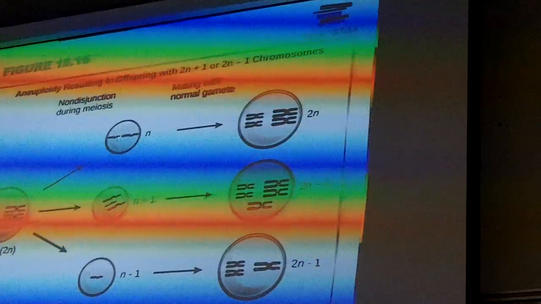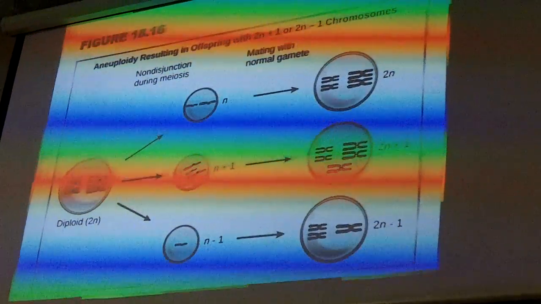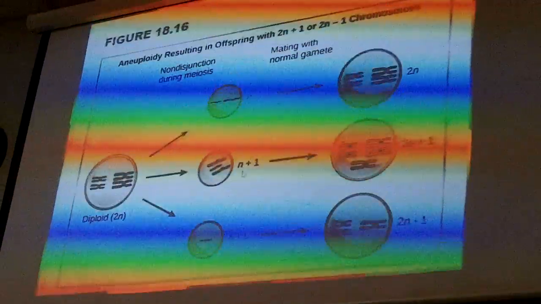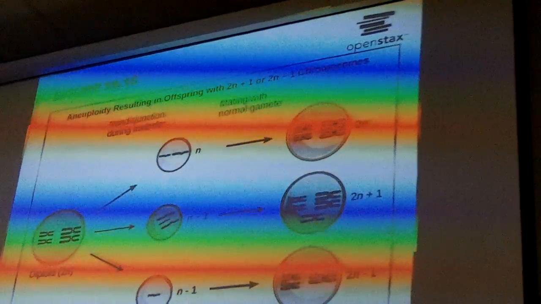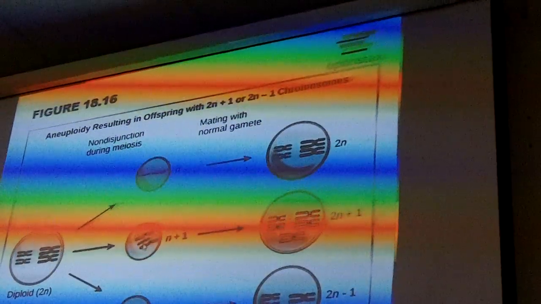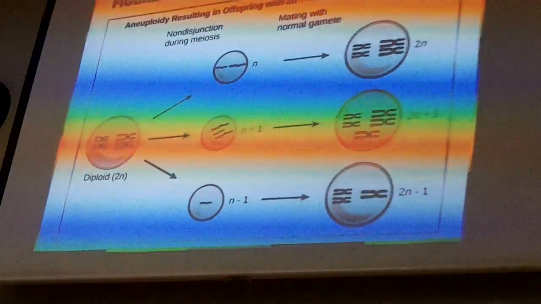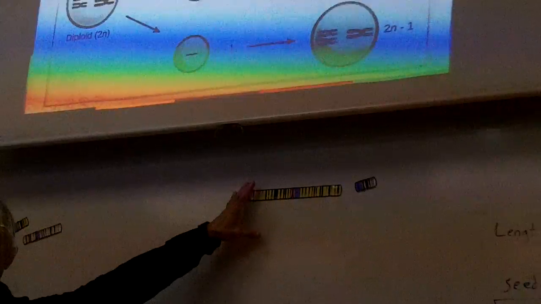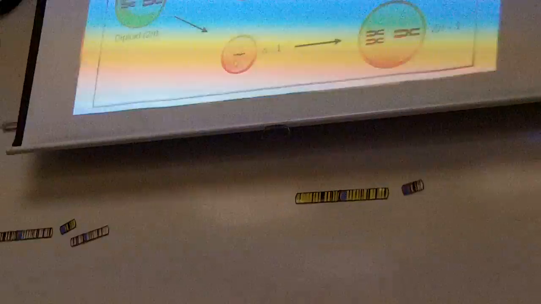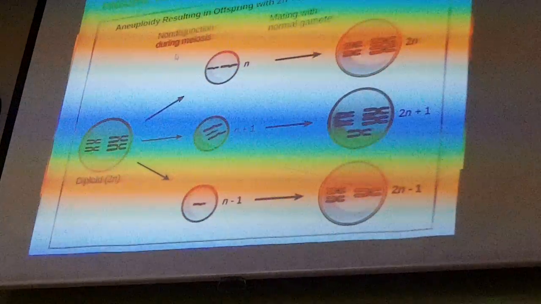That's the correct way of separating it. This one has an extra chromosome. That's why it says N+1. That would be like this cell down here. And here, this one has 1 less. That would be like this cell here. We call that aneuploidy.